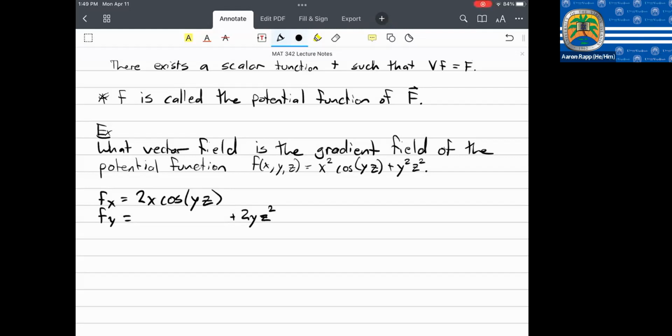So then I have to figure out, okay, what is the derivative of x squared times cosine of yz? I'll take the derivative with respect to y, which means x squared again is constant. So this is derivative of a constant times cosine of a function of y. So I just need to figure out what this derivative is, multiplied by x squared later.